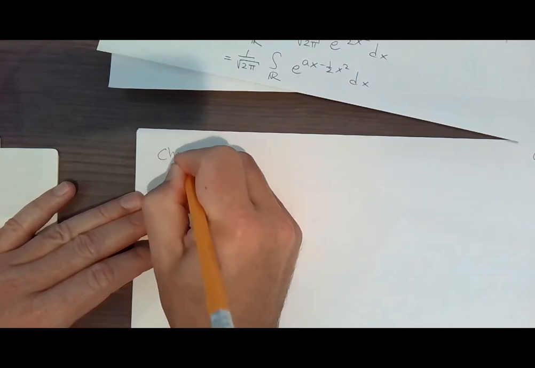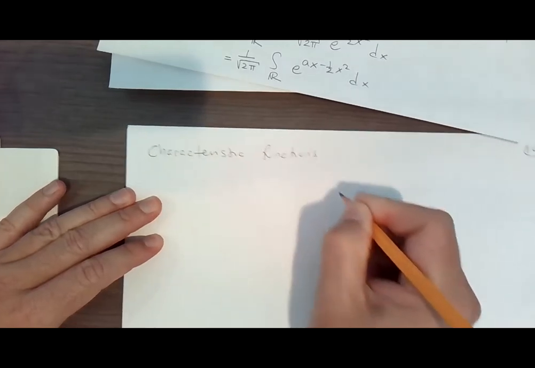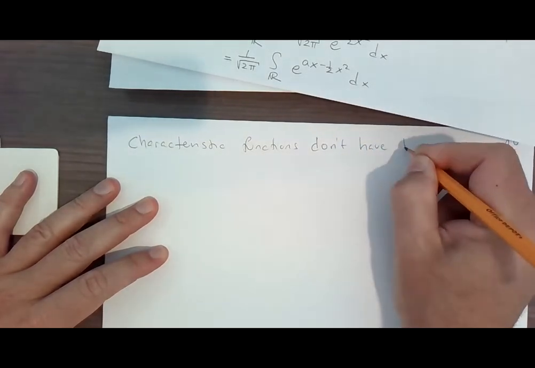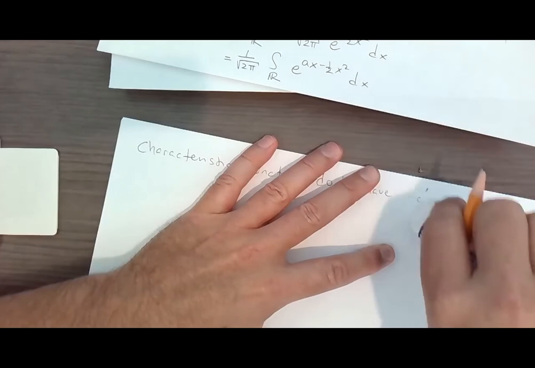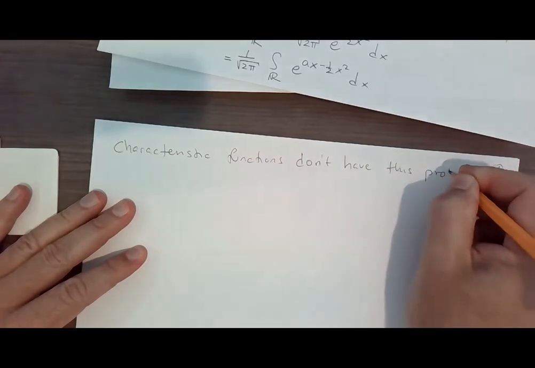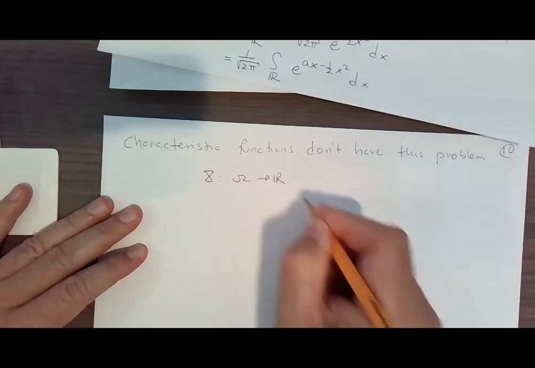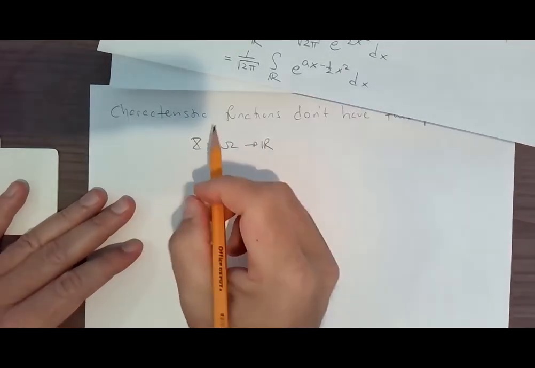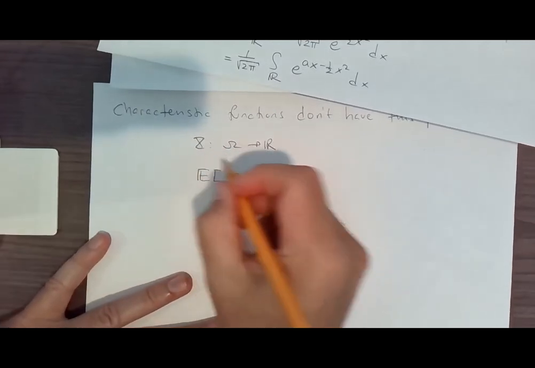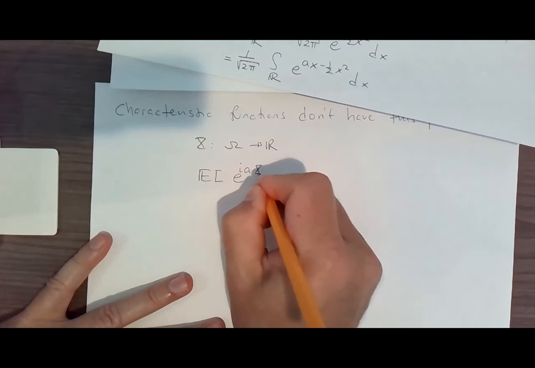Characteristic functions, they don't have this problem. Right, I take a random variable, it goes from omega into R, and then what I'm looking at is the expectation of e^(iX).